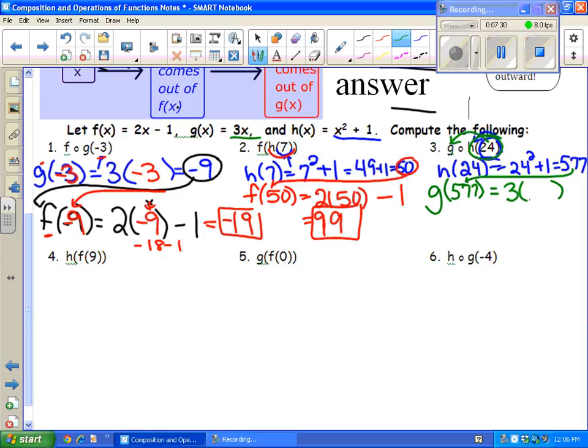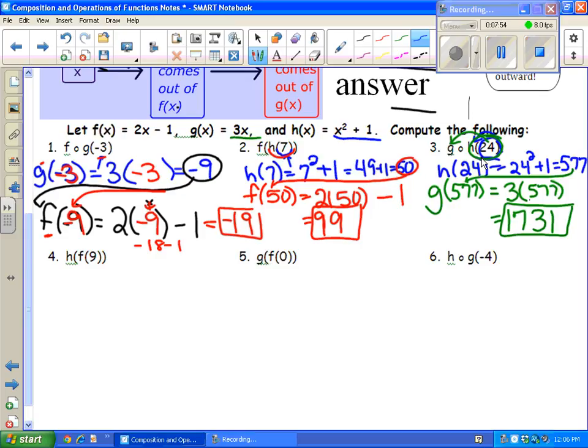Take out the x, replace it with 577, and I'm going to get a 4-digit number that is what? 1,731. Final answer is the second answer. All right. Okay, so again, we're using 2 functions. We're running this number through 2 functions, and the second answer is the final answer.